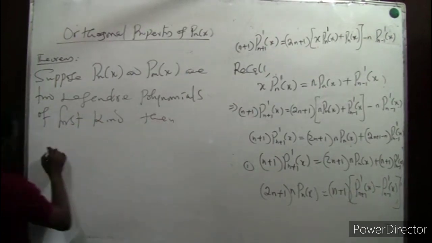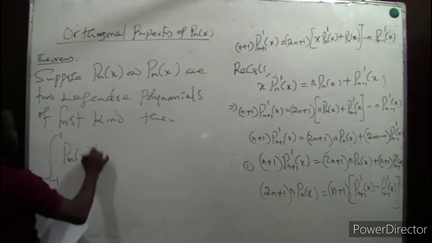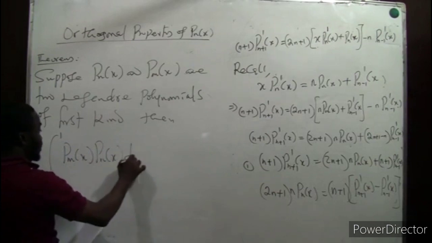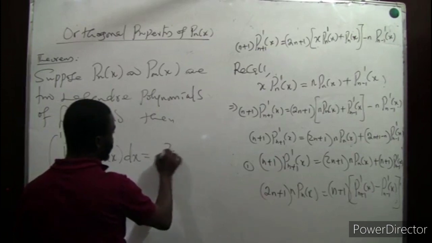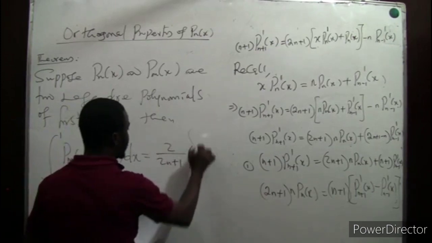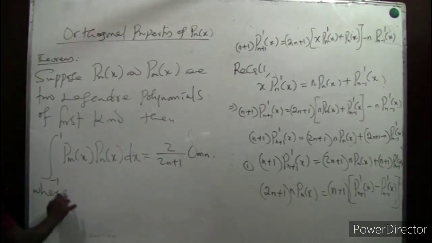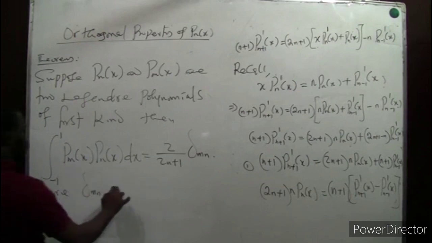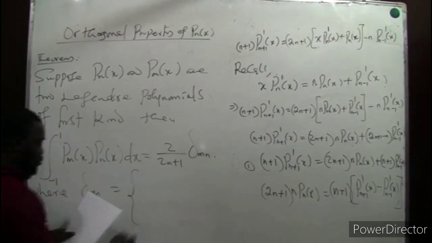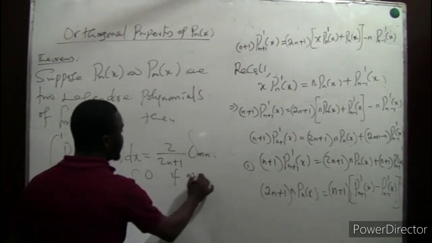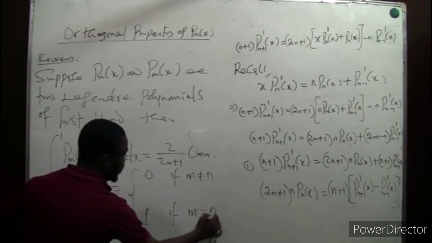Then the integral between minus 1 and 1 of Pm of x Pn of x dx is the Kronecker delta multiplied by 2 divided by 2n plus 1, where the Kronecker delta is defined as 0 if m is not n, and 1 if m equals n.